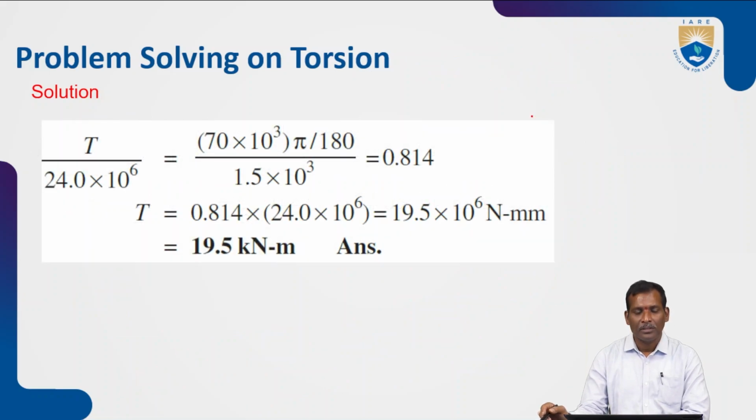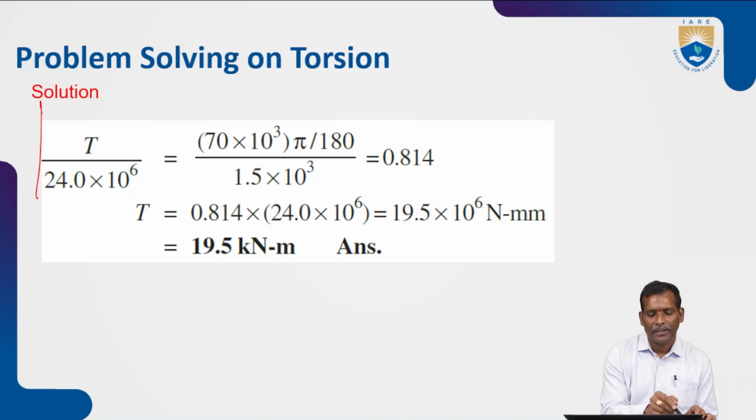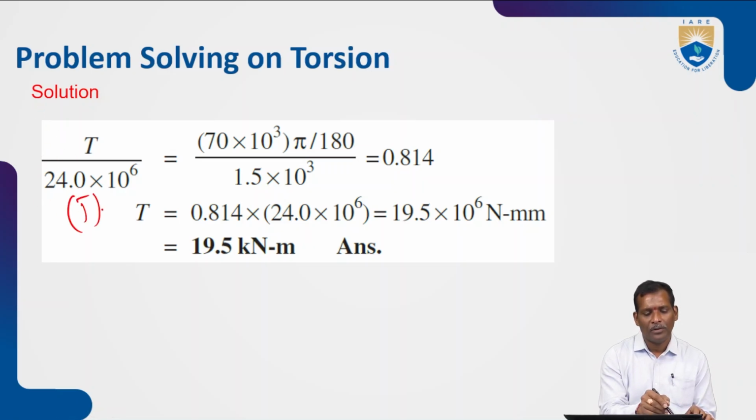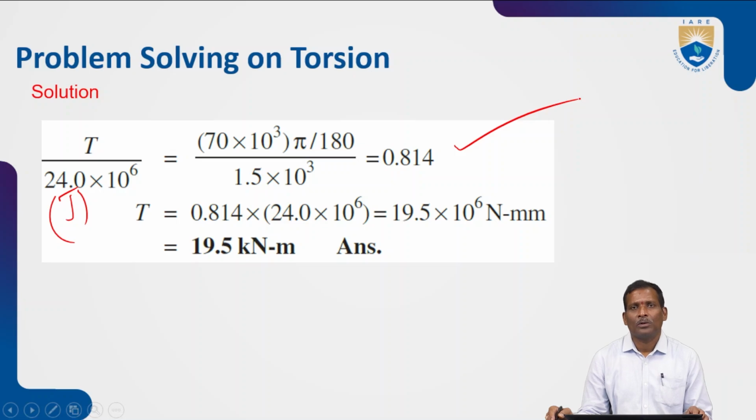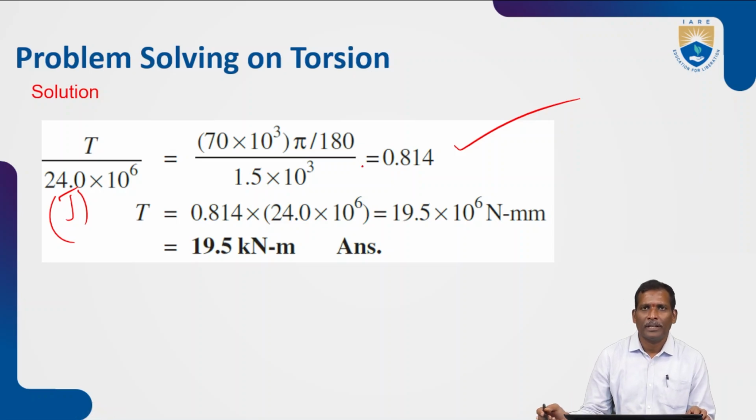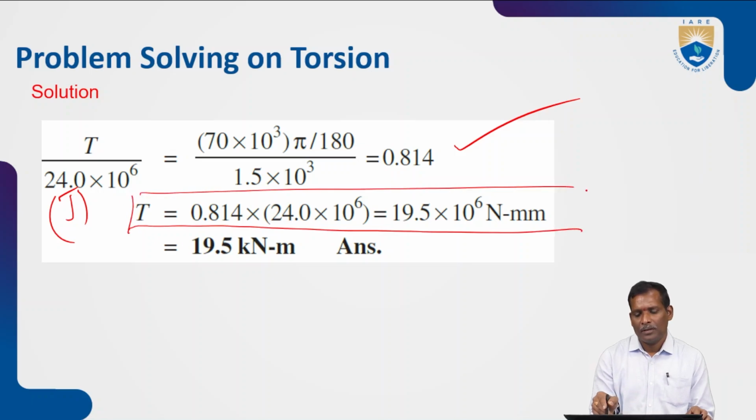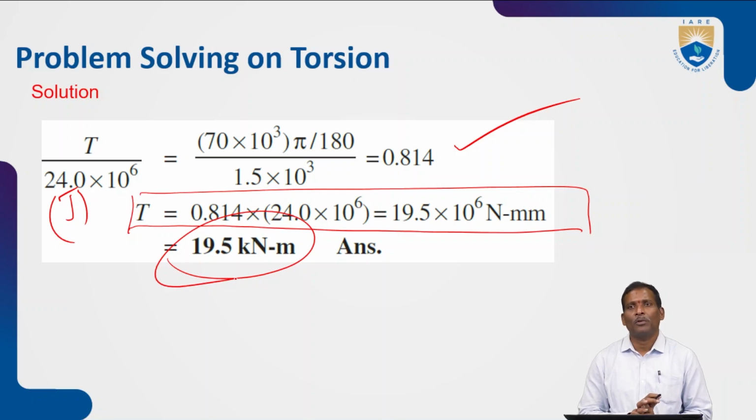Substitute those values in this equation, you will get the T value. Clear? So theta value also substitute pi by 180. So T, you will get 19.5 into 10 to the power of 6 Newton mm. So finally we will get 19.5 kilonewton meter.